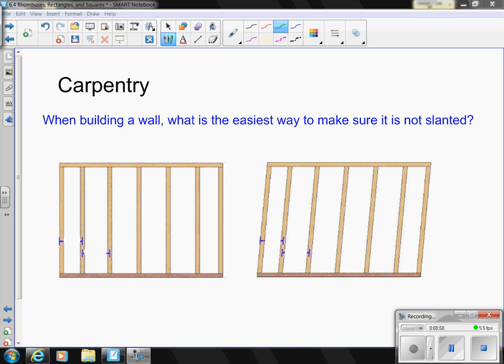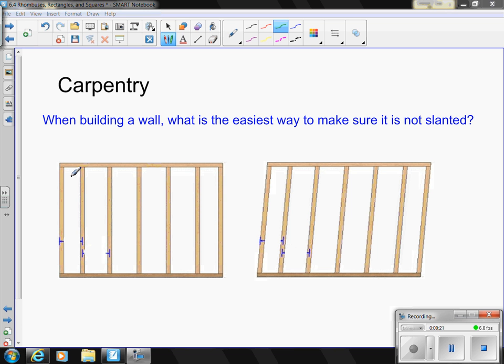Now, one thing that I've used one of these theorems for in real life was when I was framing houses. We'd have to build walls, and we wanted to make sure we built walls that were square, or rectangles I should say, but right angled.